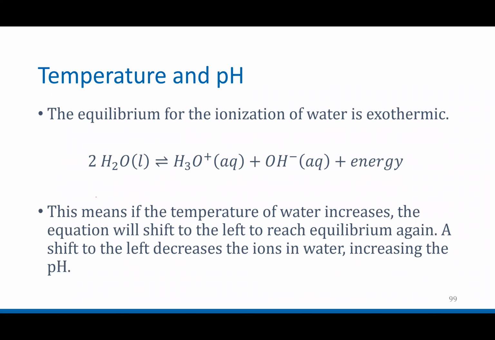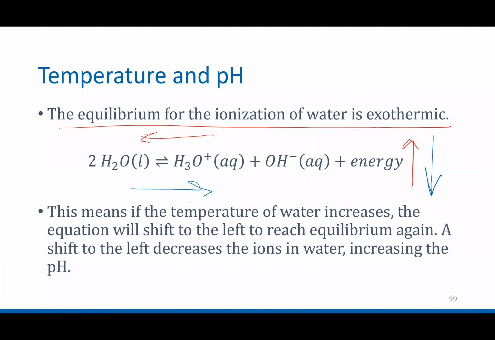There's my equation. The equilibrium for the ionization of water is exothermic. So if we increase the temperature of water, we would see this equilibrium shift left. You don't need to know this, by the way. If we decrease the energy in the water, the equilibrium would shift right.